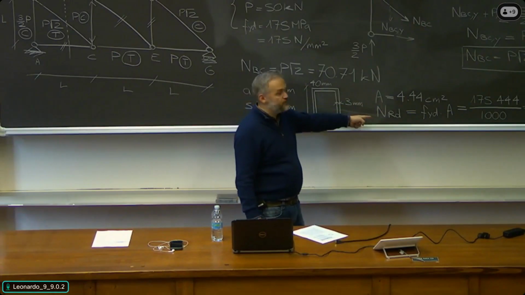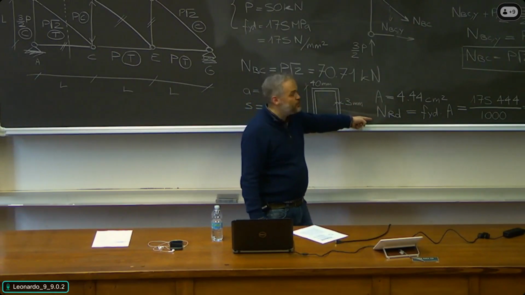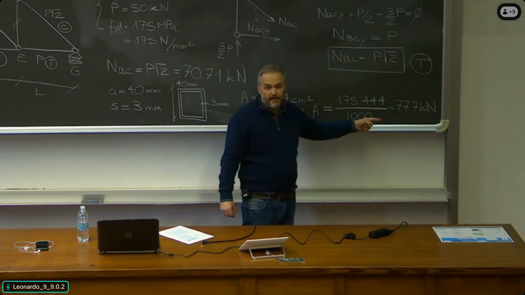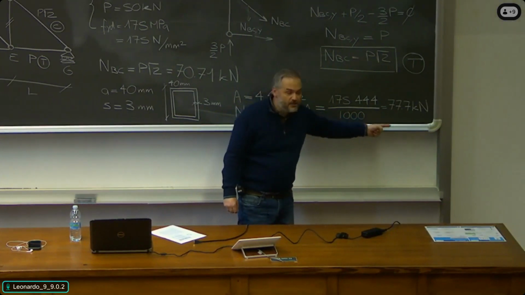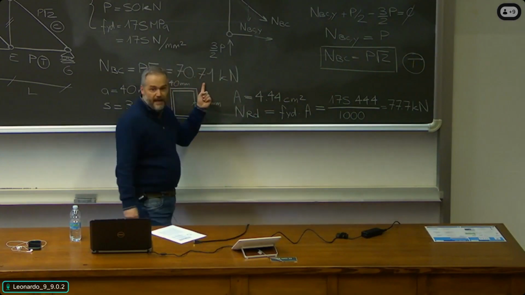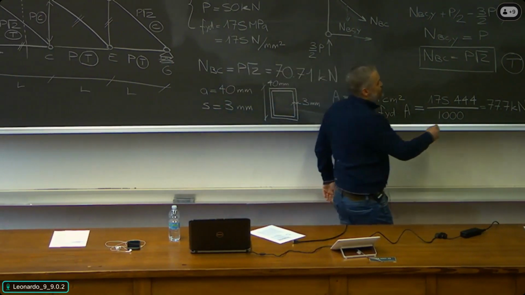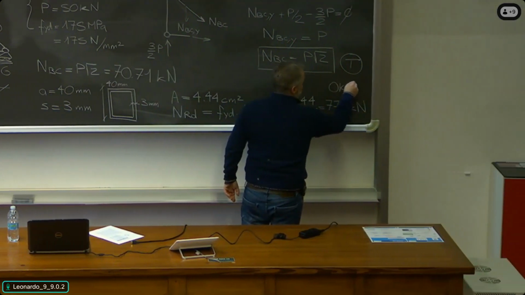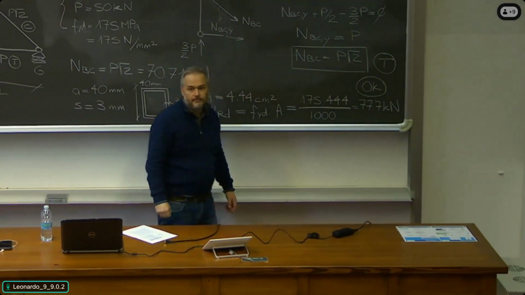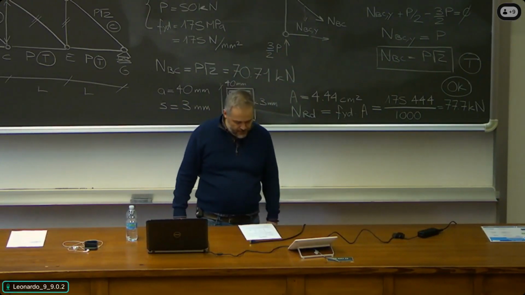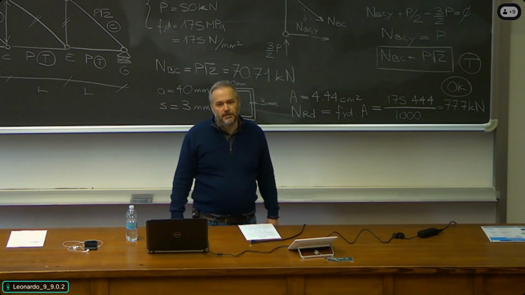This, which is the resisting axial force, which is the maximum force the member can sustain, is larger than the applied axial force, which means my section is okay. So the answer to point C would be the section is okay. The profile chosen is okay.